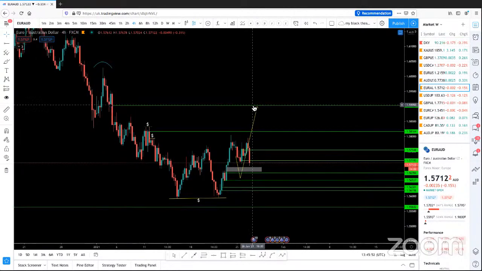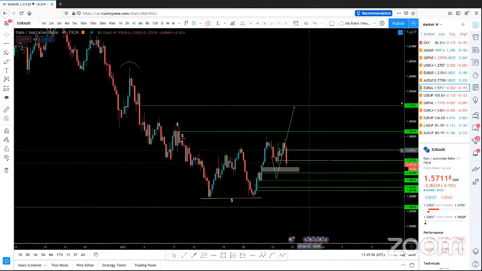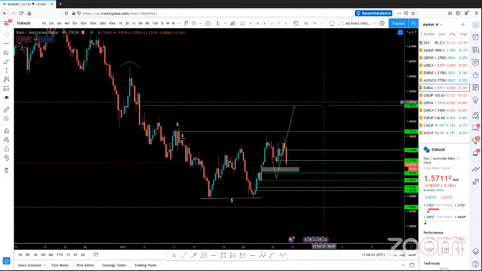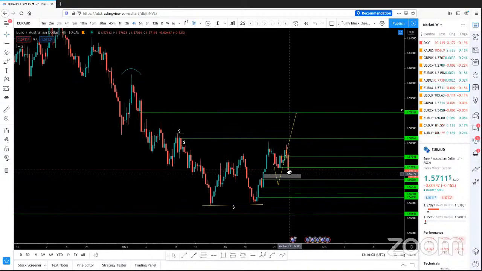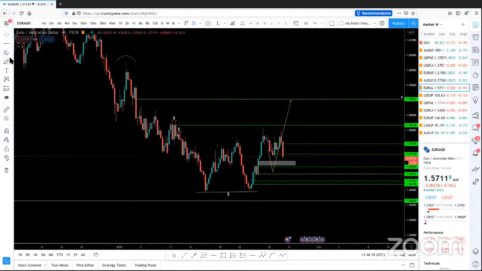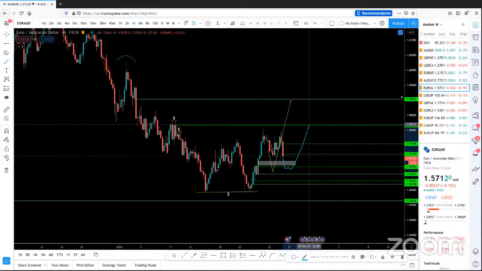EUR AUD, guys, is super bearish. Now I'm anticipating EUR AUD to get some reaction from this area and take the price higher. Possibly we see some reactions, then some move towards up.